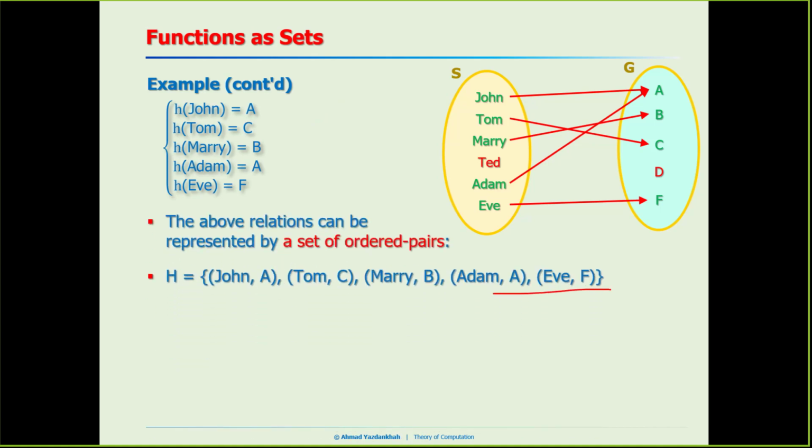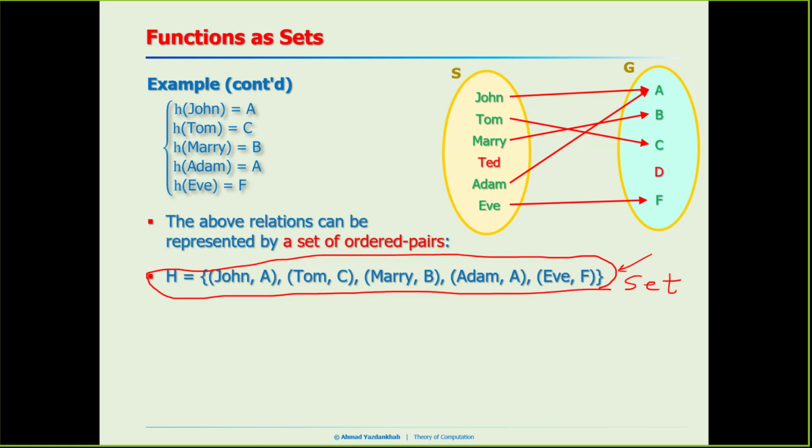Okay, if this is the case, then if I ask you, this is a set, right? What is the universal set of this set? We call it H. What is the universal set of H? So just recall that the universal set was a set that contains all possible values that we are talking about, right? How can I make the universal set of H?